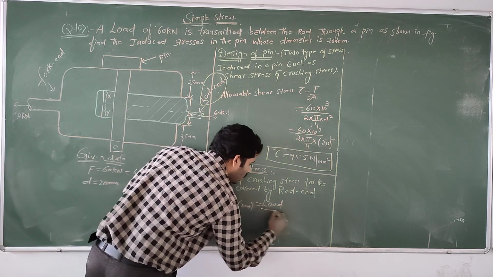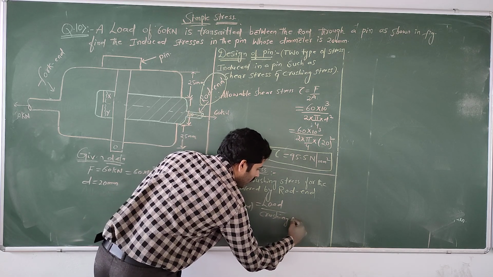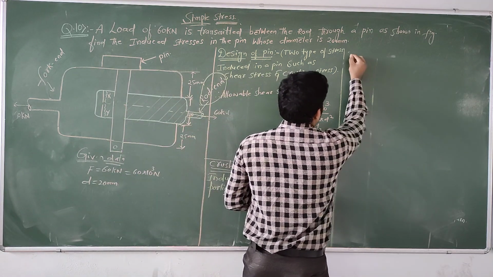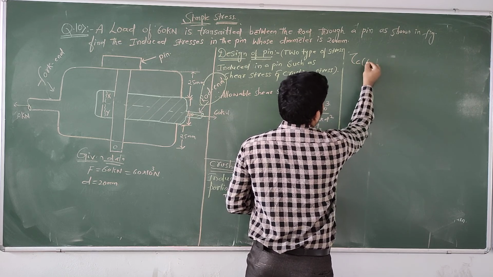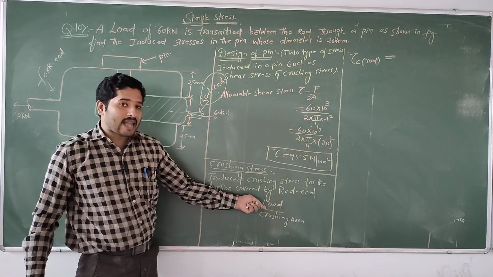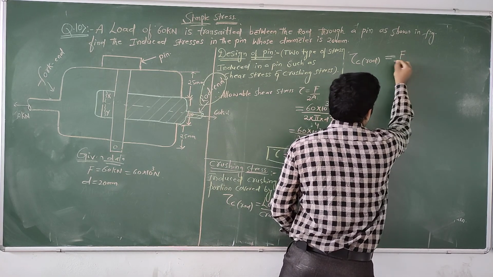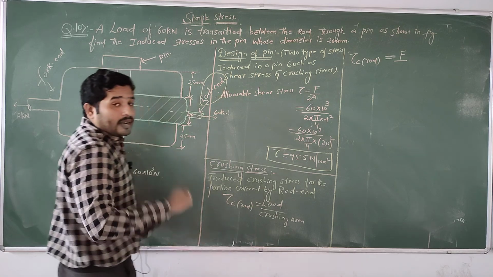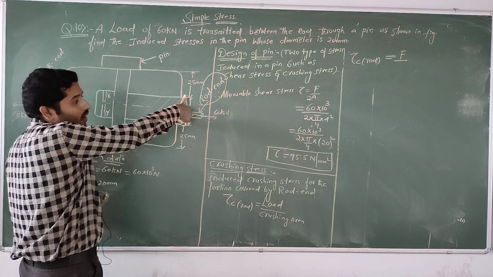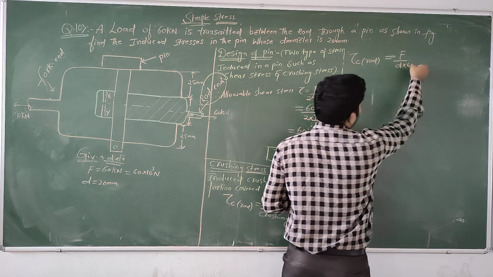Load per unit crushing area. Tau C rod is equal to force by crushing area, which is nothing but the diameter and the length they cover: diameter into length L1.